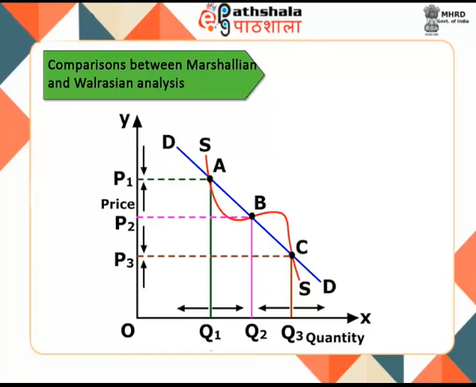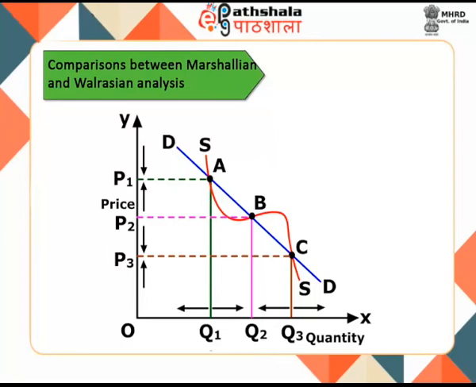Equilibrium points A and C are Walrasian stable but Marshallian unstable, and equilibrium point B is Walrasian unstable but Marshallian stable.